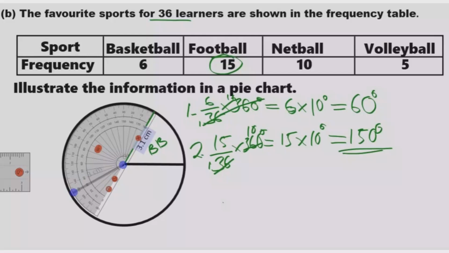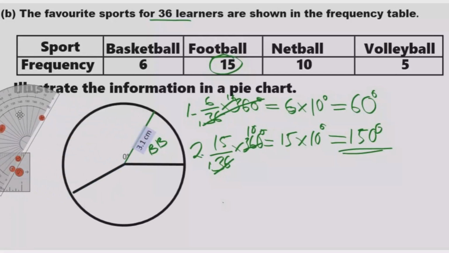Make sure that it's passing through 150 like that. Okay, so this is the angle. We take this out like that. This one is football, so we call it FB. Okay, that is for football.